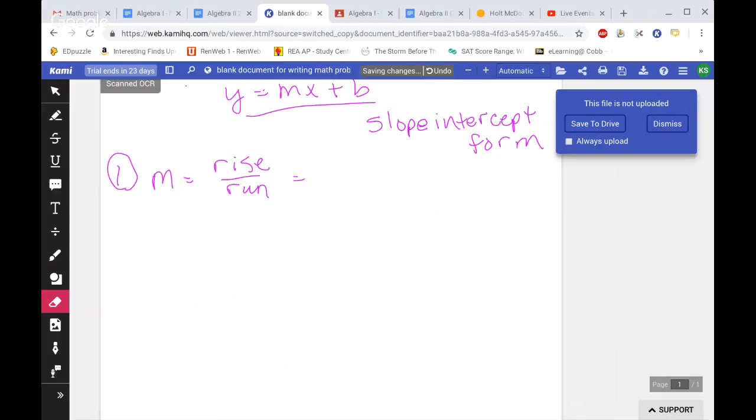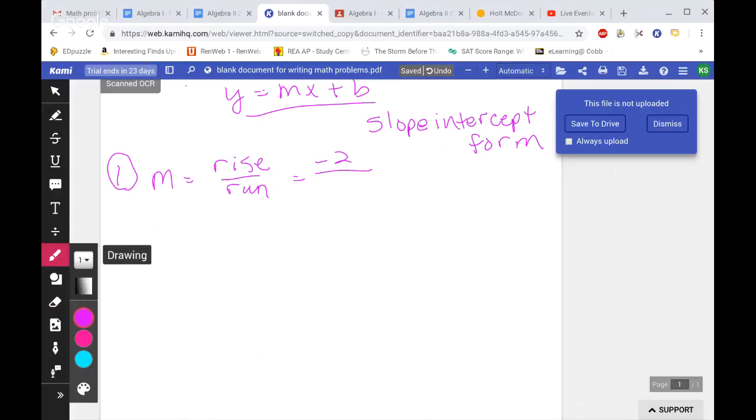The rise is -2? Yes, sir. Yay. It is -2. Good job. Okay. What is the run? 1. Good job. So technically, I don't have to write -2 over 1. Because it just reduces to -2?